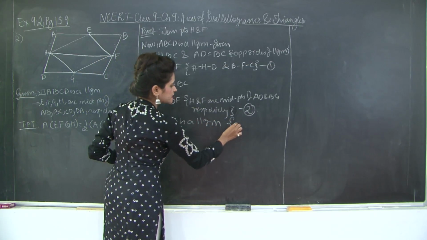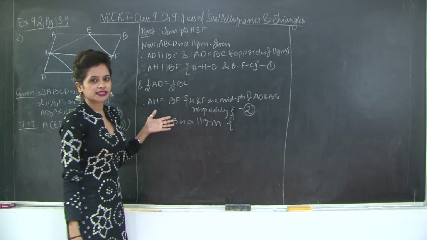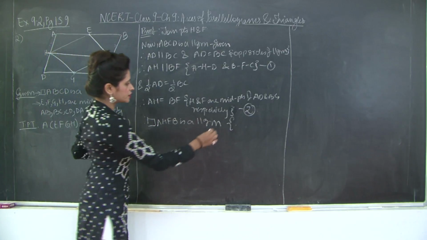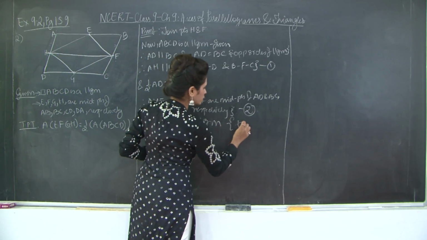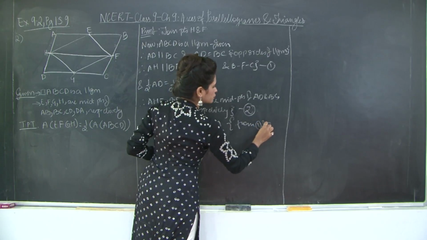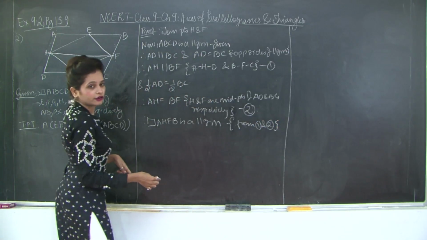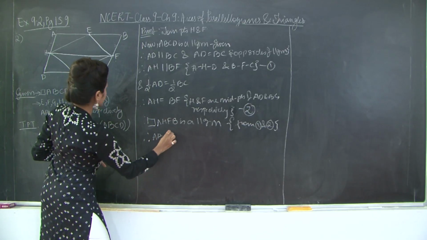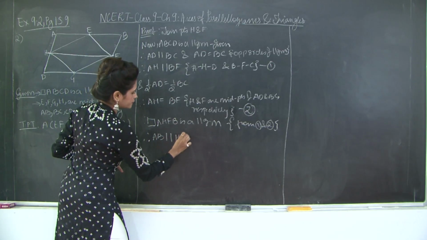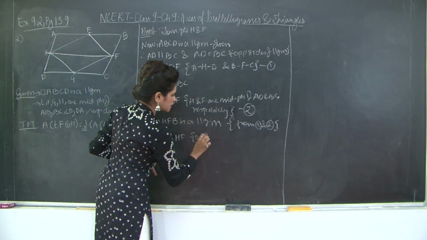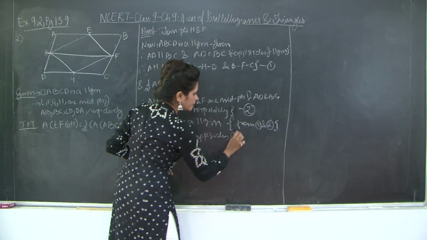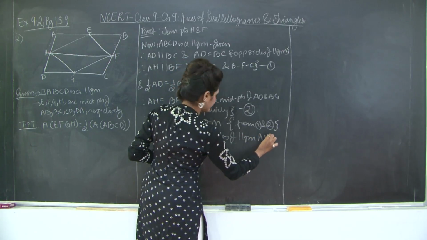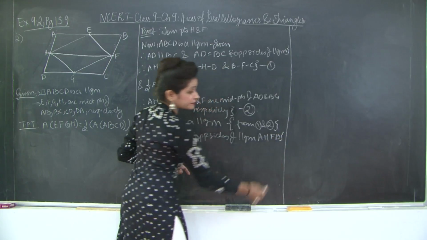Why? Because a pair of opposite sides are equal and parallel. So what are my opposite sides that are equal and parallel? AH and BF. So I'll say from 1 and 2. Now since this is a parallelogram, I have AB parallel to HF. And what will I say? Opposite sides of parallelogram AB, AH, FB. Correct?